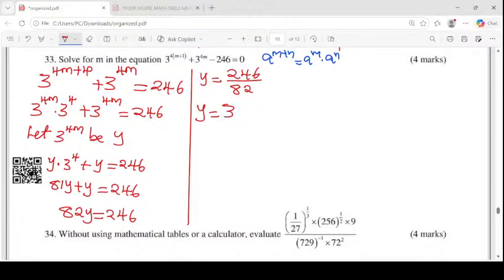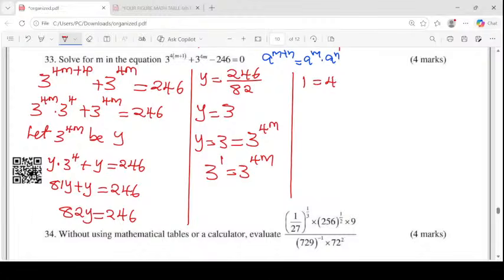But what was our y? Our y was 3 power 4m. So our y, which equals 3, was representing 3 power 4m. Remember, 3 is just like saying 3 power 1. So 3 power 1 is equal to 3 power 4m, and we drop the bases and proceed with the powers. 1 is equivalent to 4m.